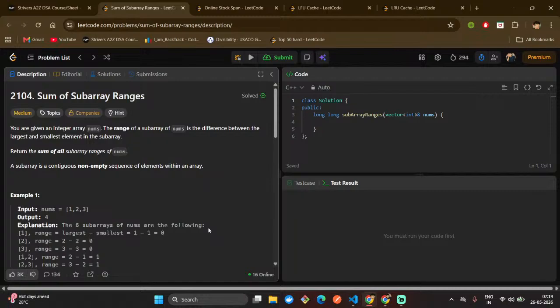Now let's see how we can solve it. How much will 1 be contributed? This one is a complicated answer.